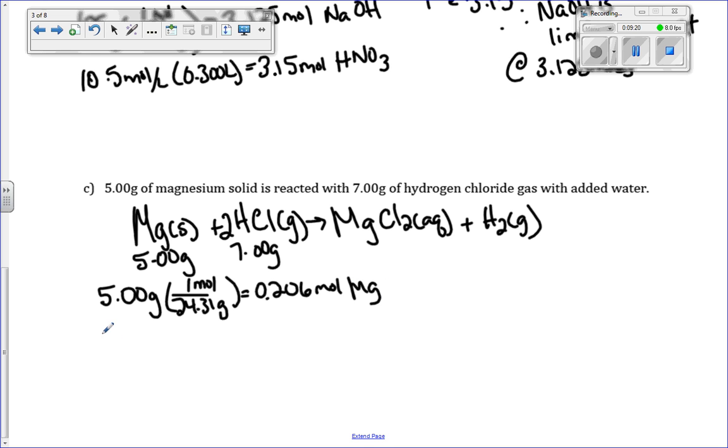And then we're also going to figure out the number of moles for hydrochloric gas, and divide it by its molar mass.